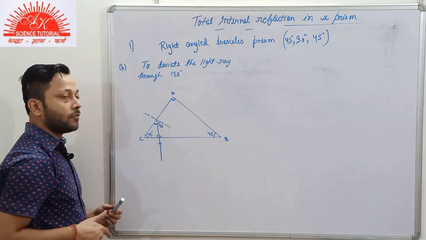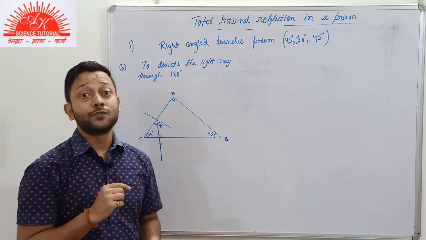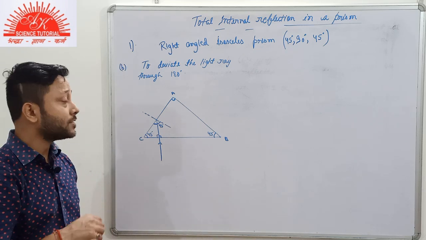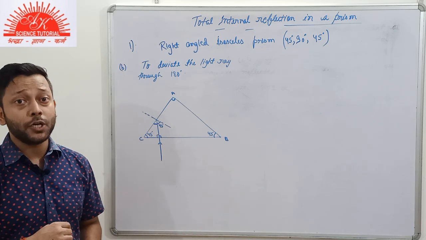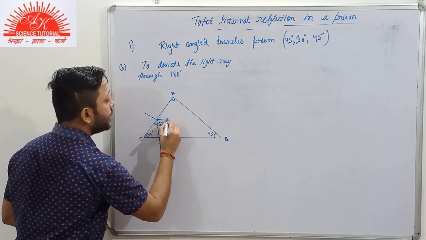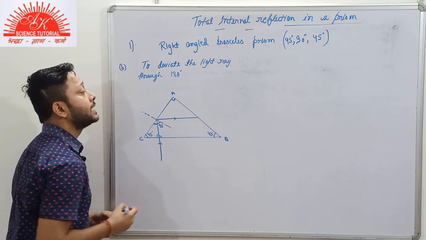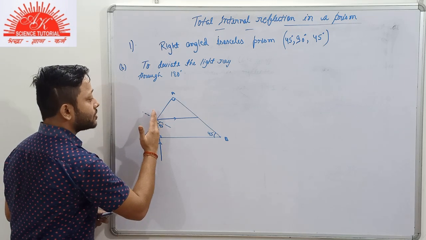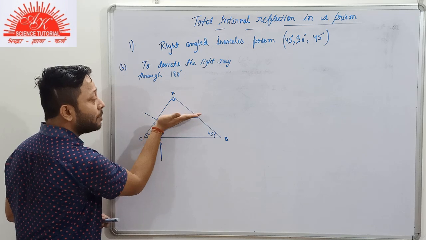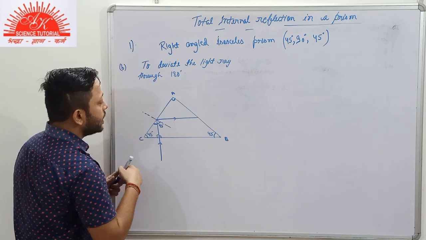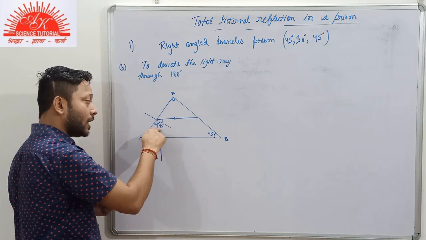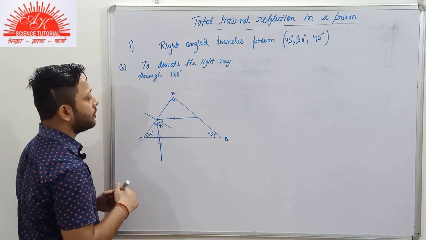So we got the angle of incidence here, and again it is 45 degrees, so it is greater than the critical angle, which for the given pair of media is 42 degrees. So again the light ray will be reflected. The light ray after striking the surface AC is reflected back in the same medium, in the prism only. So it makes an angle of reflection equal to the angle of incidence, that is also 45 degrees.